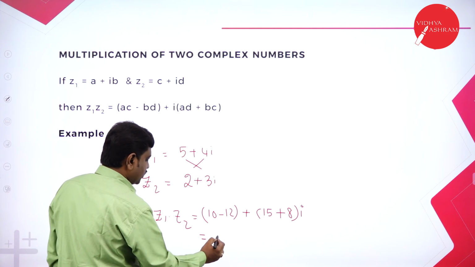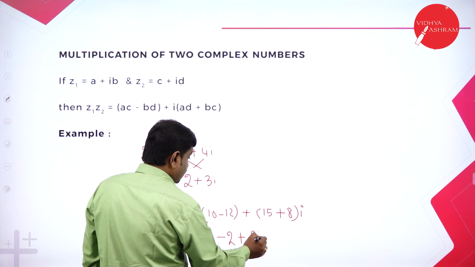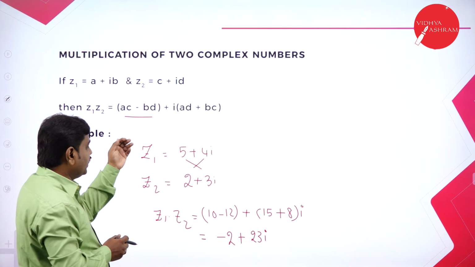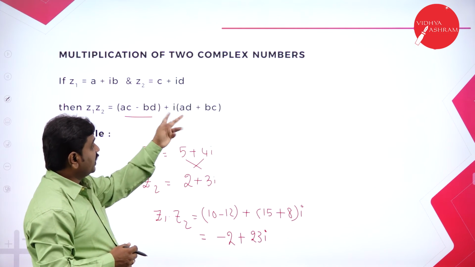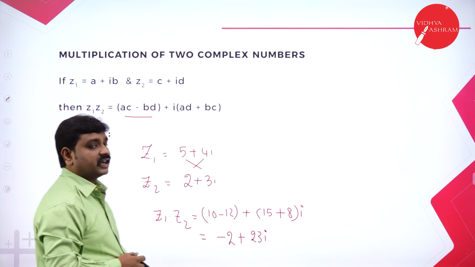That is 10 minus 12 is minus 2 plus 23i. What is the formula? Real into real minus imaginary into imaginary, and plus real into imaginary plus imaginary into real. When I use that, I will get it.